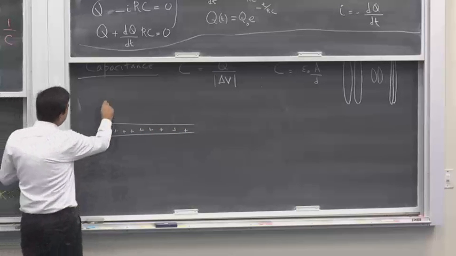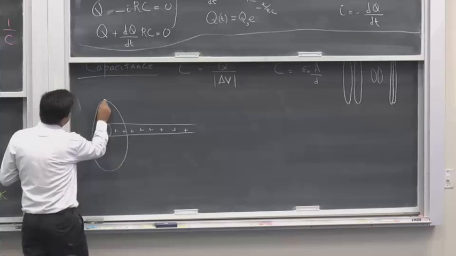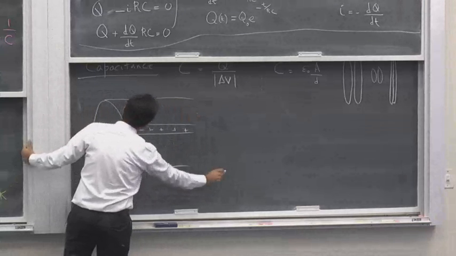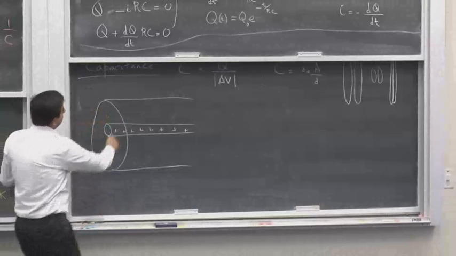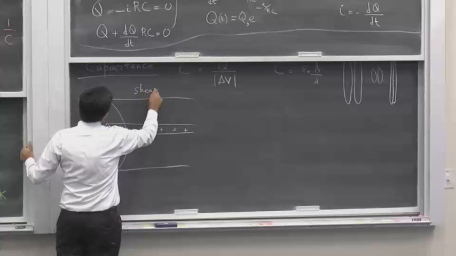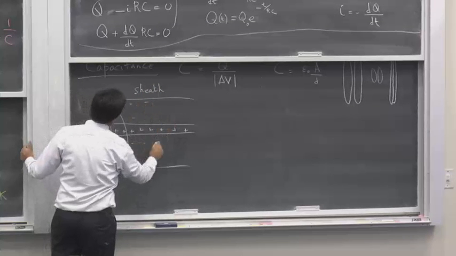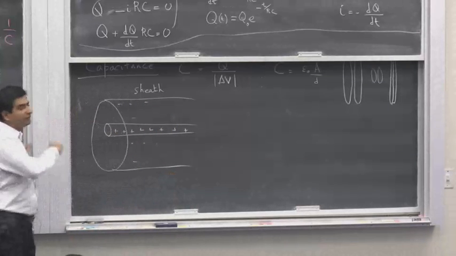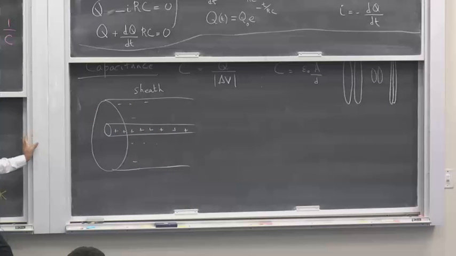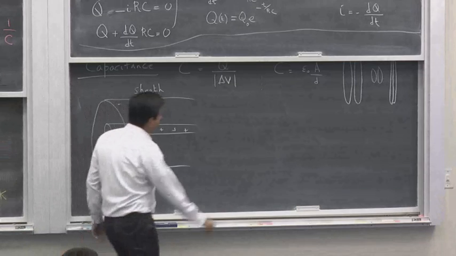And then we have an outer sheath, which is a conducting sheath, or a sleeve. This is negatively charged. Both of these conductors are uniformly charged because they're conductors, and they're perfectly symmetrical.